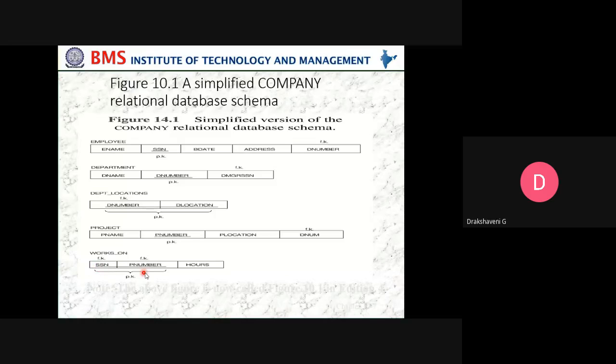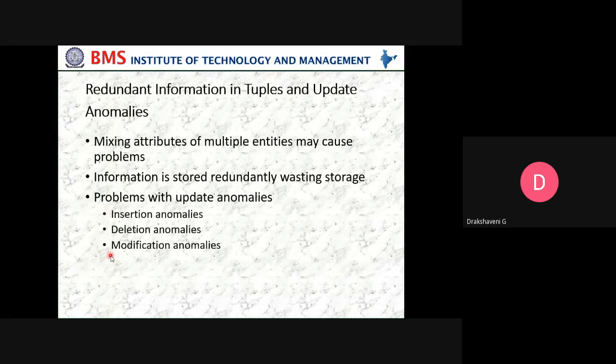SSN and project number put together are used as a composite or candidate key. I cannot uniquely identify rows in works on with one attribute, so we use two: SSN and project number. Based on these two, we can uniquely identify the works on.